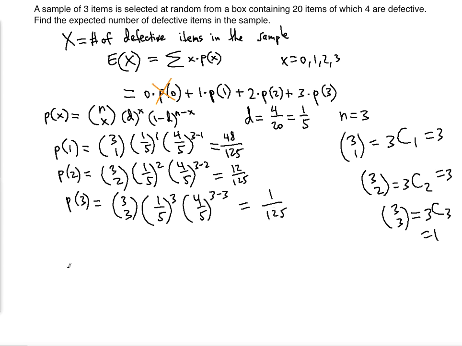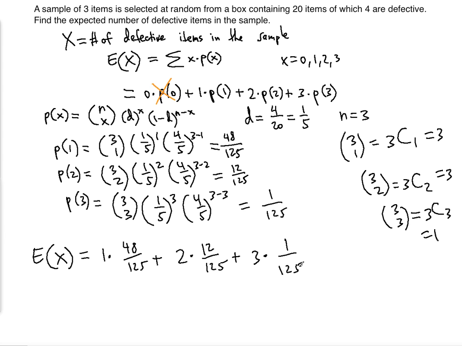Right, so what is the expected value? We neglect the 0 because that's just 0. 1 times 48 out of 125, plus 2 times this number, 12 out of 125, plus 3 times 1 over 125.